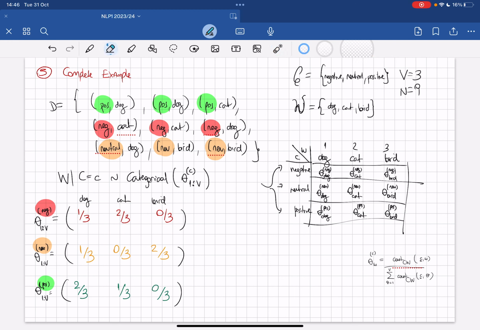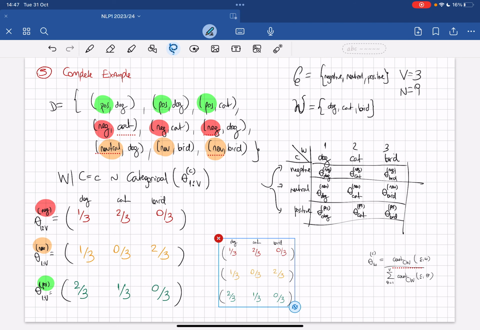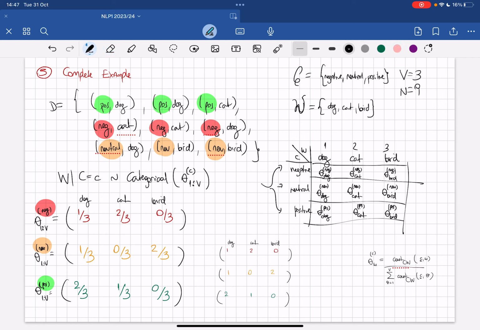So imagine I can quickly make a count table. Let me copy this and paste it here on the side. I'll make it a bit smaller. A count table would just look like this. And you see, I would use a count table because whenever I need a probability, I can obtain all quantities from here.